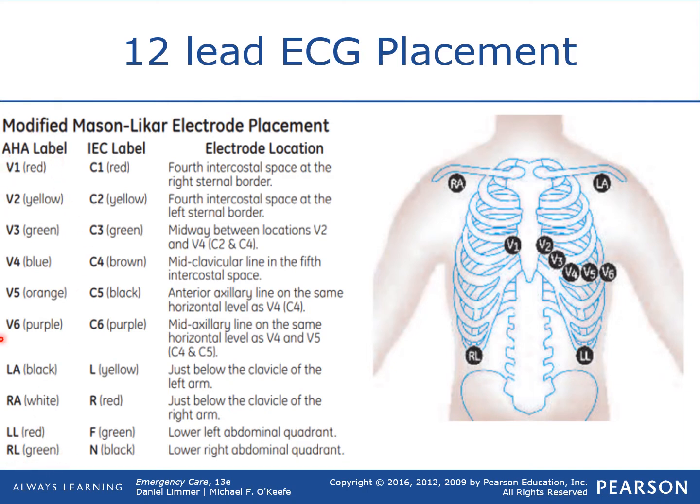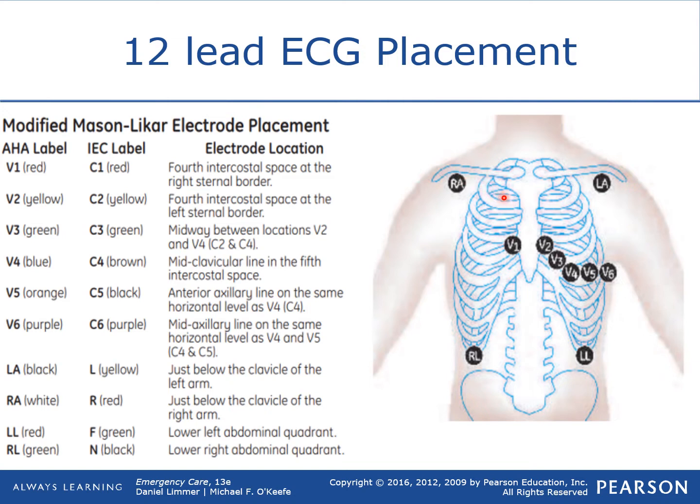So the V1 through V6 are labeled here, and if you look, it'll tell you exactly where each is supposed to go. So V1 is your fourth intercostal space at the right sternal border. Intercostal space is the space between our ribs.